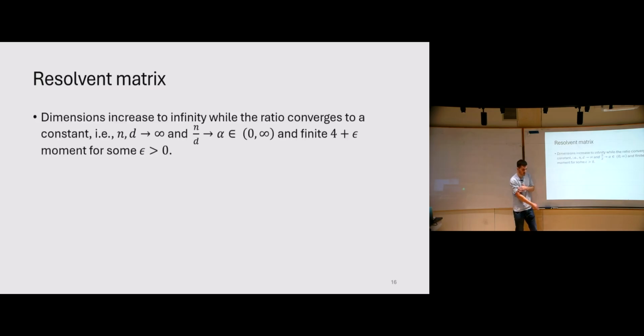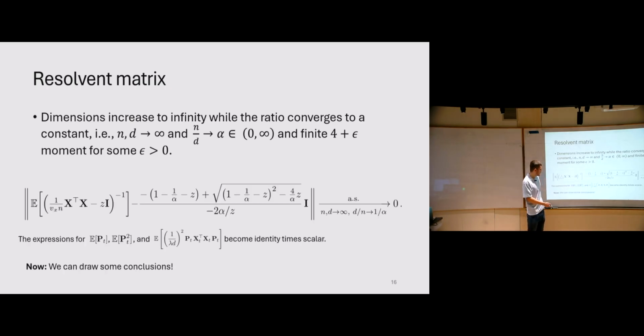So again, we assume the very same matrix in which the dimensions both go to infinity, while the ratio remains comparable. And we also have a finite 4 plus epsilon moment for some epsilon greater than 0. It doesn't matter which epsilon. So the resolvent matrix will be defined in this way, normalized by the feature variance. The feature variance is the variance of each one of the entries.